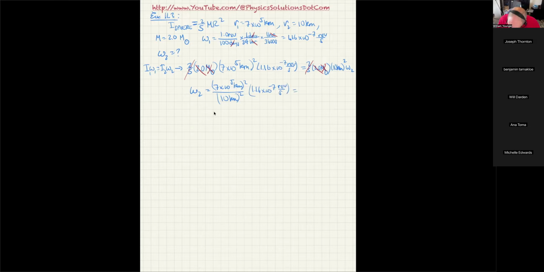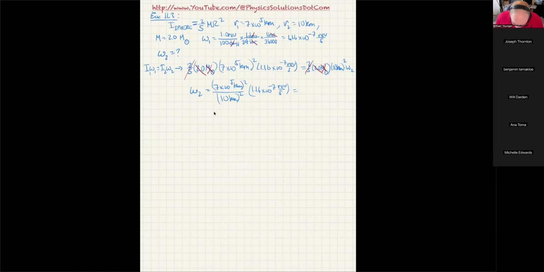So if I take 7 times 10 to the fifth squared and divide that by 10 squared, in parentheses just to be careful, that's multiplying it by 4.9 times 10 to the ninth.